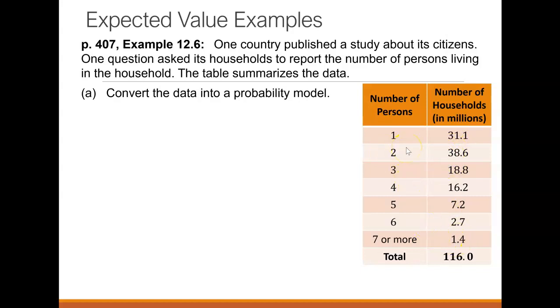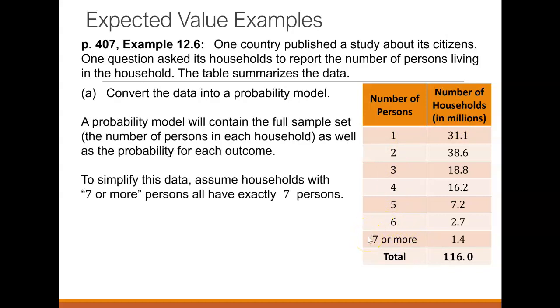So the first thing I want to do is convert this number of persons into outcomes, and I want to convert this number of households into a probability. Well, the only issue with the outcomes is this 7 or more category. We're just going to call that exactly 7.